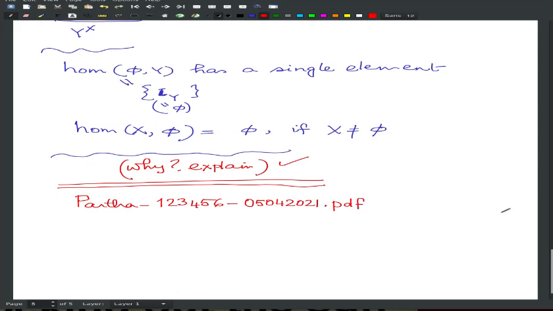So your file name should look like this: first name, student number, and the date exactly as this: days, months, century year, dot pdf.